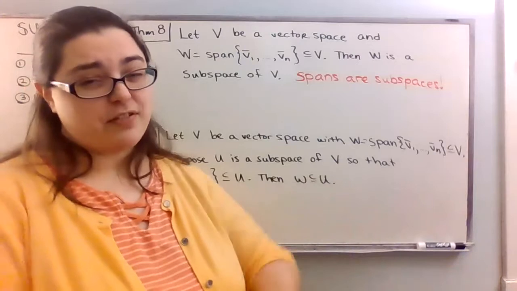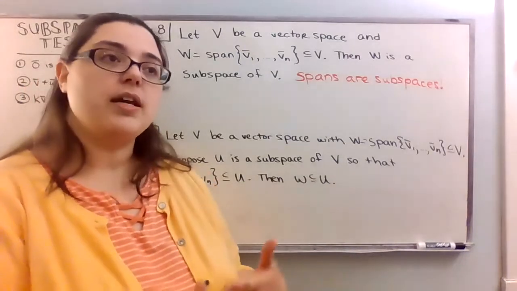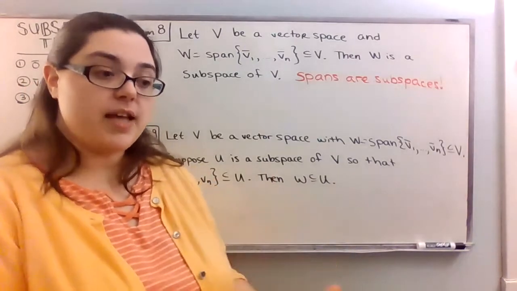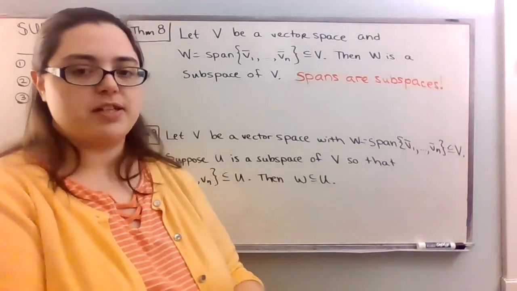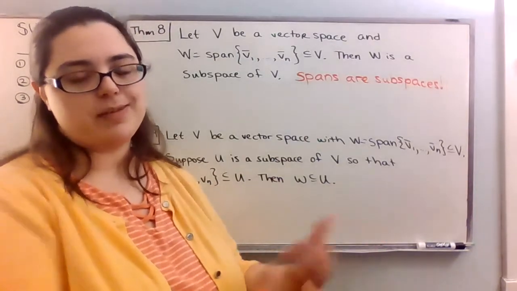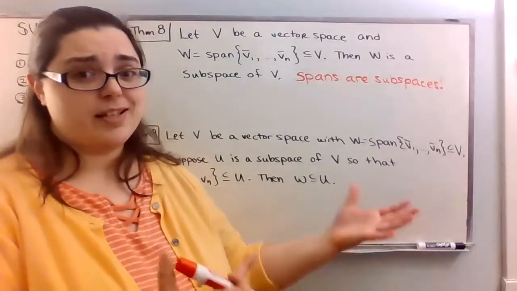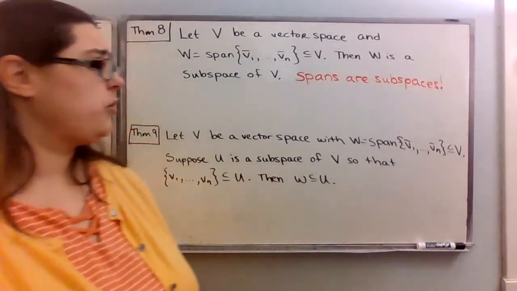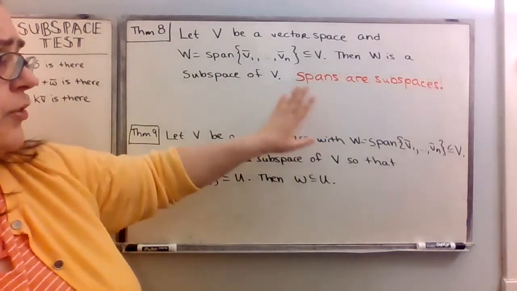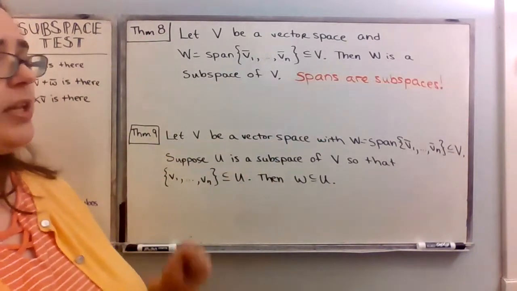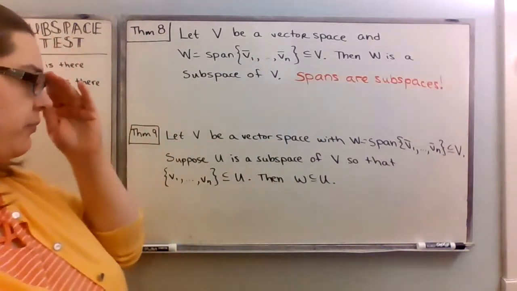And our initial definition for a subspace is a set so that if I have any two objects in it, a linear combination of them is also contained in the set. So that's basically cooked up to say that spans are subspaces. So if we see a span, we can automatically assume that it's going to be a subspace.